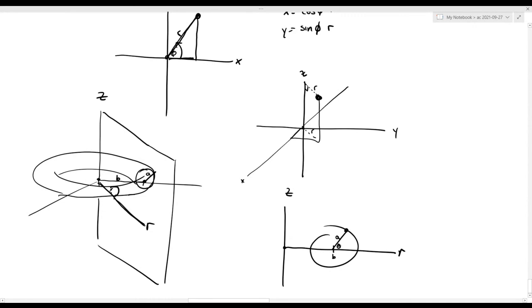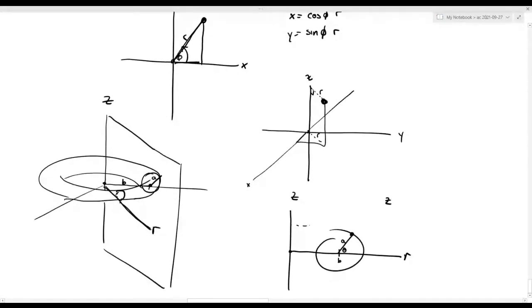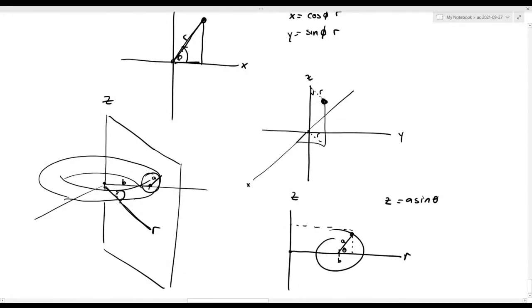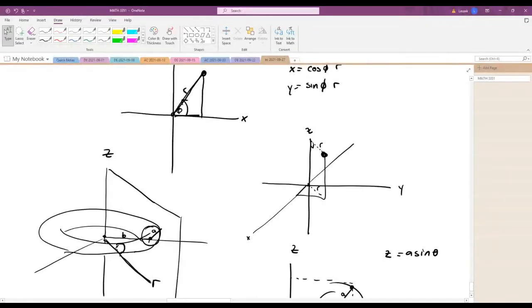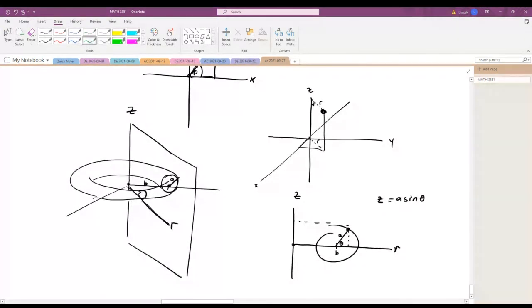So what is r and what is z in this picture? Well, z is easy enough. It's just a times sine theta. Okay. But what is r? We're looking for the r coordinate.